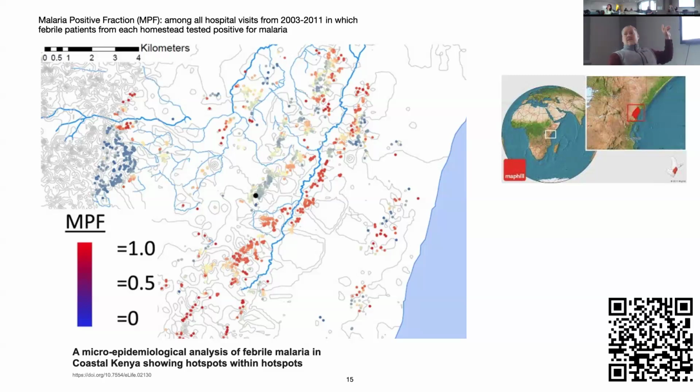Particularly in the upper left, you see a lot of blue dots really close to a cluster of red dots. And as you look down along the river, where there's a lot of water and you'd expect to see a lot of mosquitoes, you see clusters of blue mixed in with clusters of red.